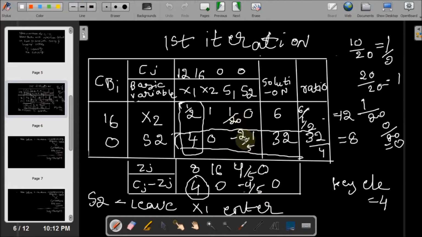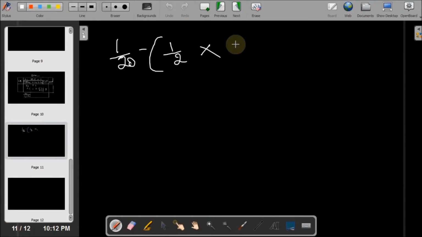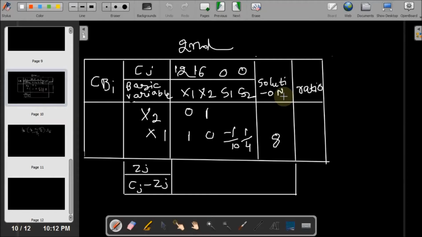For 1 by 20, the row value is minus 2 by 5, guys. So what is the key element here? 4. So the value is 1 by 10.